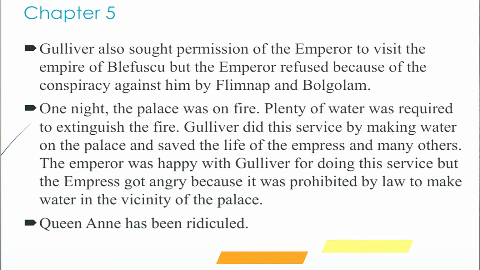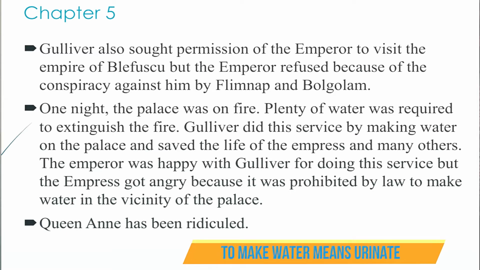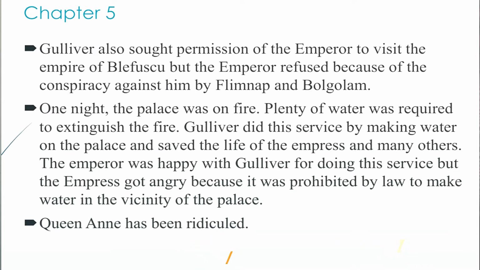Gulliver did this service by making water on the palace and saved the life of the empress and many others. The emperor was happy with Gulliver for doing this service, but the empress got angry because it was prohibited by law to make water in the vicinity of the palace. Queen Anne actually has been ridiculed here.